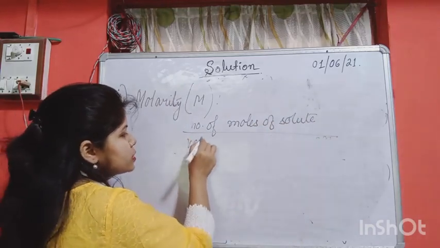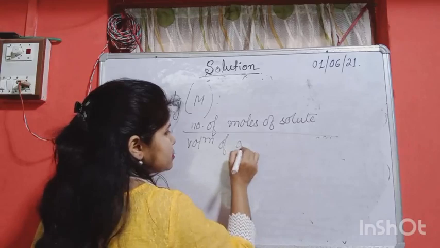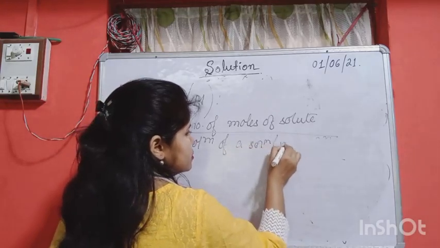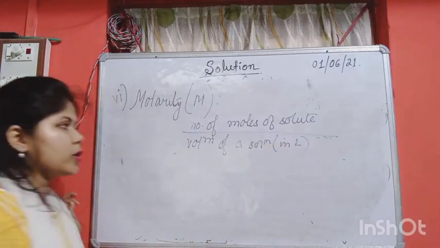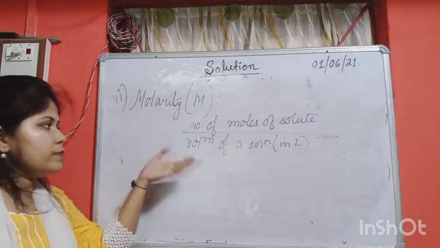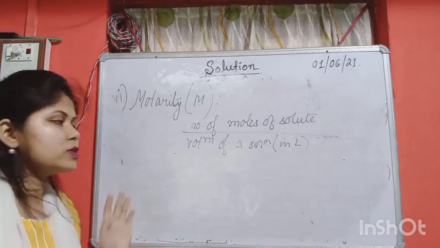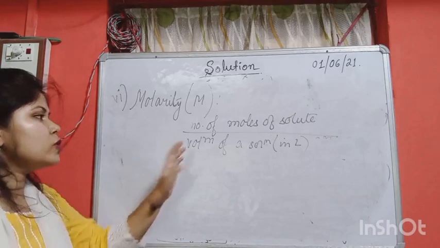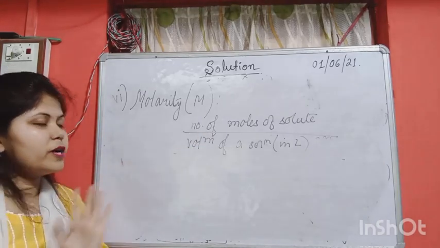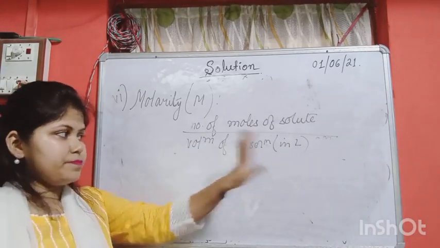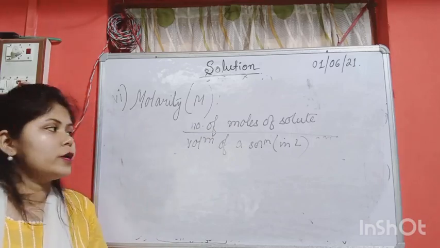So how many moles of solute are there in 1 liter of solution, that is known as molarity. So I can write it as the number of moles of solute divided by the volume of a solution in liter. Here we don't need to multiply by 100 because we are not finding the percentage. We are finding the concentration in terms of molarity. So this is the formula for molarity.